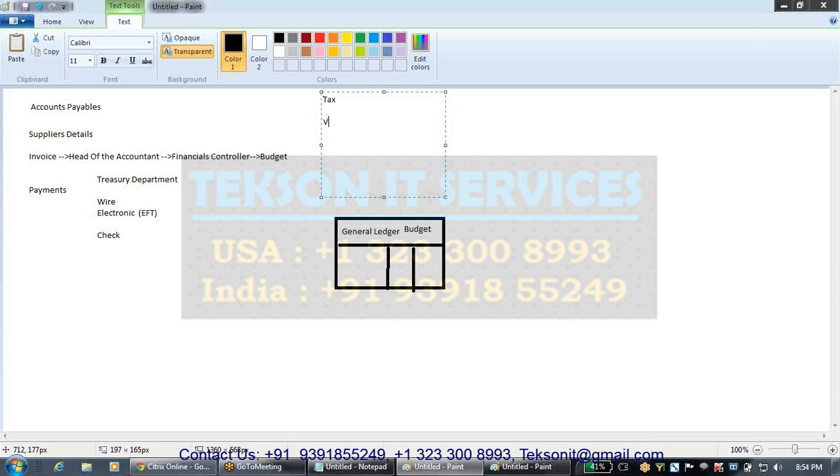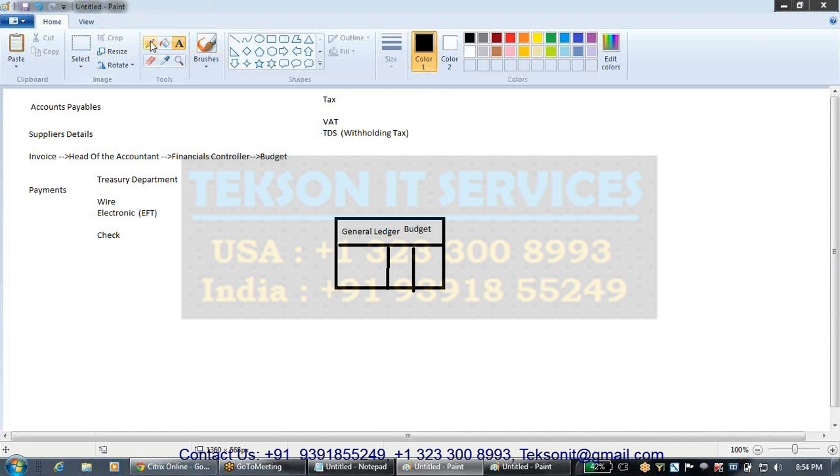So now you know we have VAT, right? VAT and TDS. What do you mean by TDS? This VAT is the latest version.